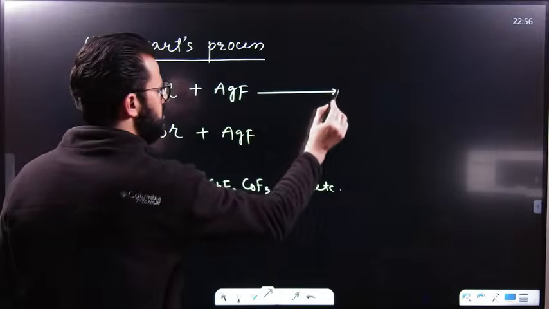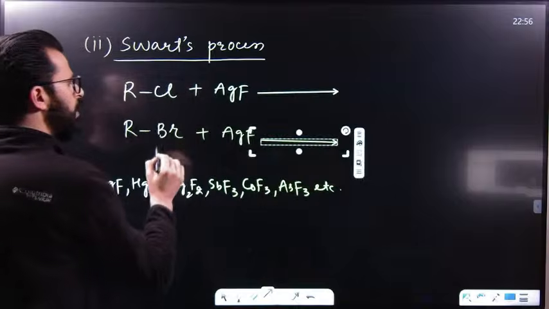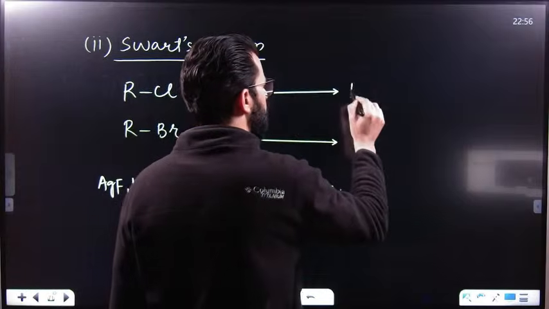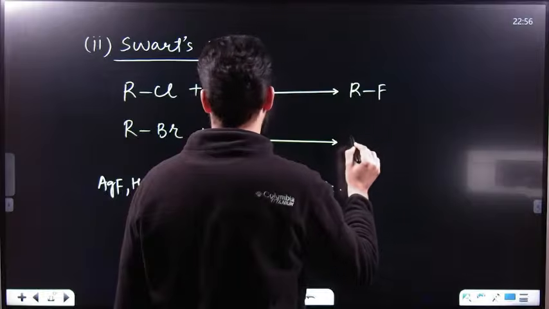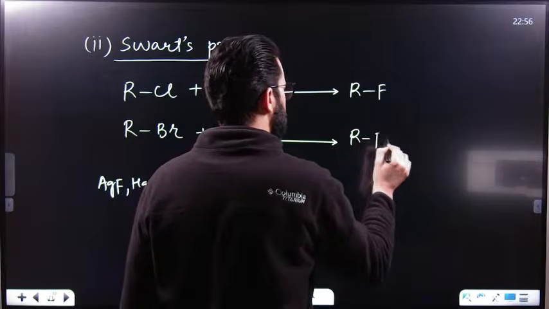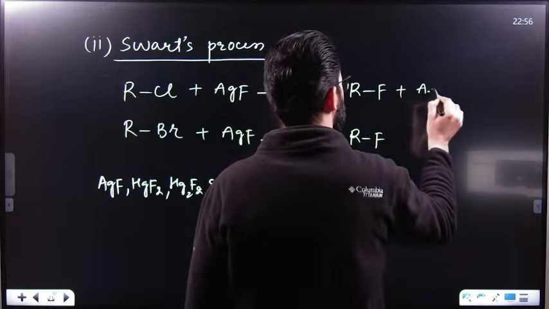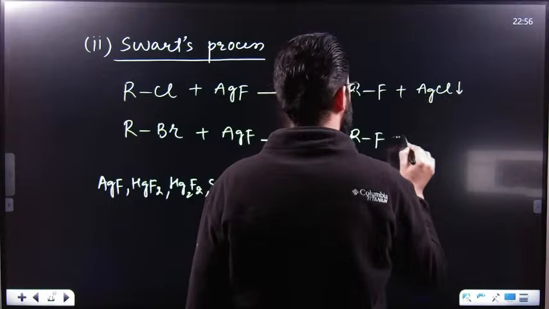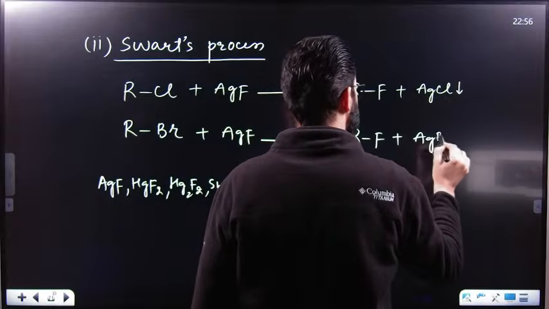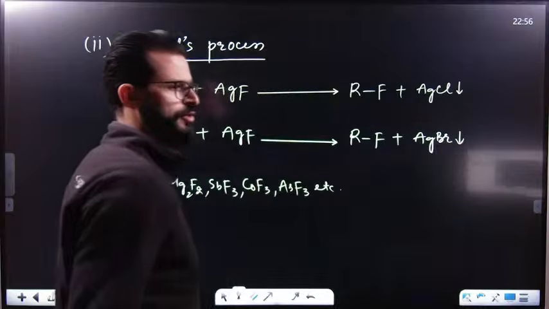This is simply a reaction in which chlorine or bromine is replaced by fluorine. It will result in the formation of alkyl fluoride, and AgCl will precipitate out. Similarly, AgBr will precipitate out. So, this is the Swarts process.